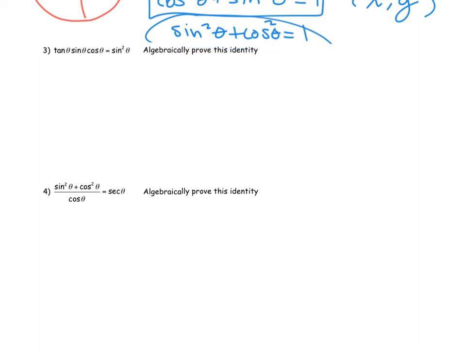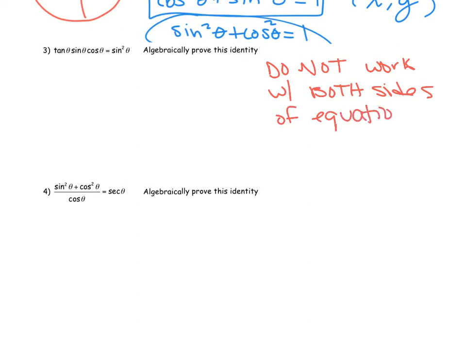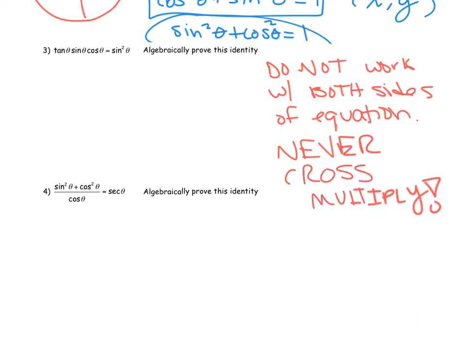You do not work with both sides of the equation, and you never ever cross multiply. So I'm going to write that down for us. If you don't take it from me, at least take it from Taylor Swift. We never cross multiply when we're proving trigonometric identities.